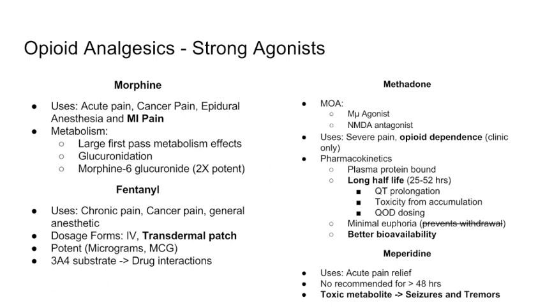Because it has such a long half-life, it has minimal euphoria, and so it falls into that range of being able to treat opioid dependence. We're not taking this drug and getting high from it. We're taking this drug and keeping ourselves at baseline.